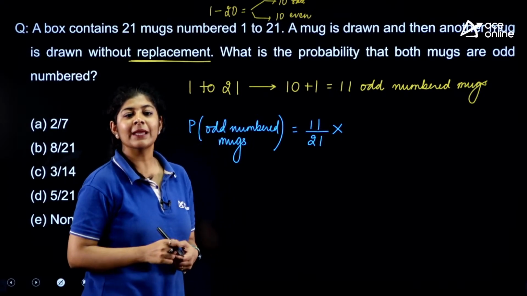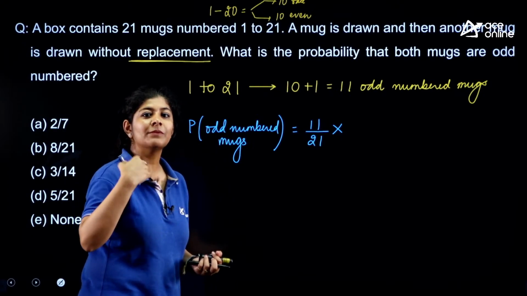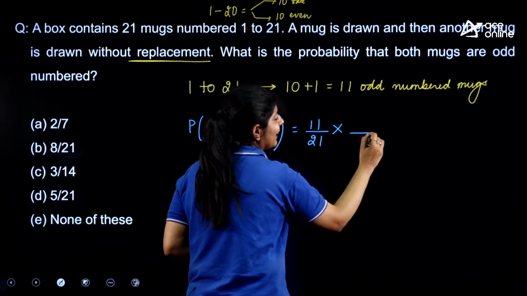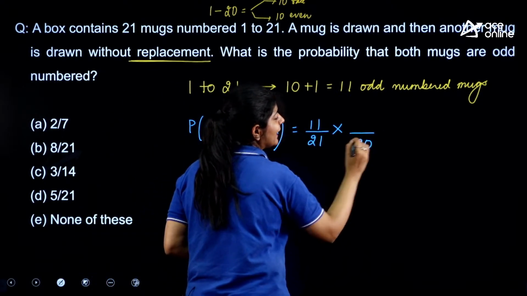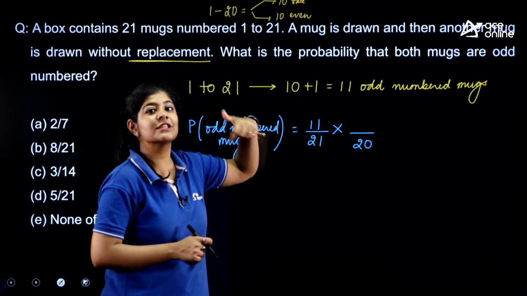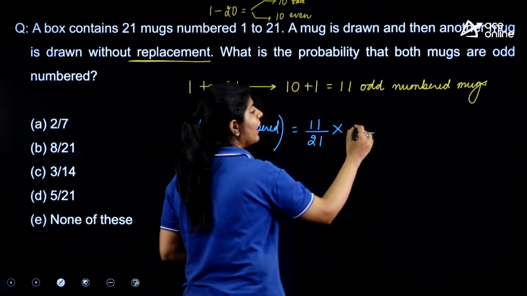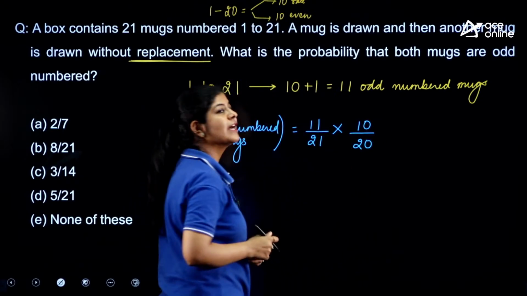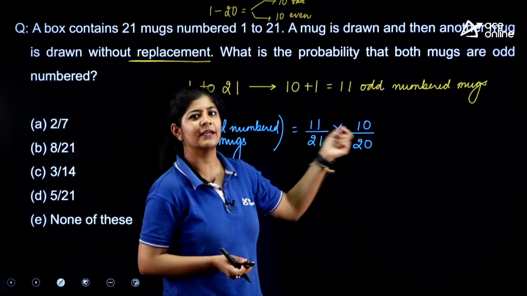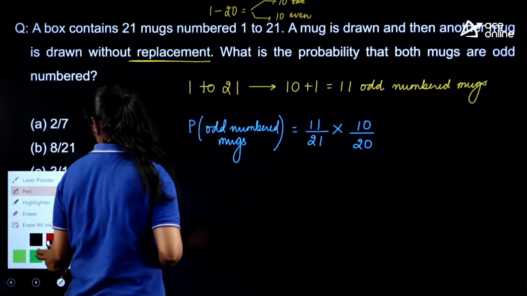Why am I multiplying? Because I need to draw 2 mugs, right? Now, in the bag I am left with only 20 mugs, and I have already drawn 1 mug with an odd number. That means now I am left with only 10 odd-numbered mugs, and I want only 1 out of those, right? So this is my complete probability.